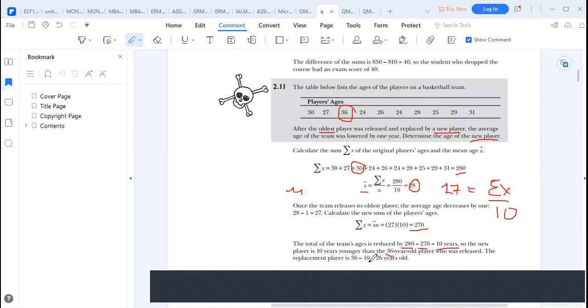So this new player should be 26. The mistake that many people would make would be to think that the new player is 10 years old. No, it's the difference between the oldest player and the new player. Are we together? Yes. All right. So these are questions that you may think you know, and yet you don't.